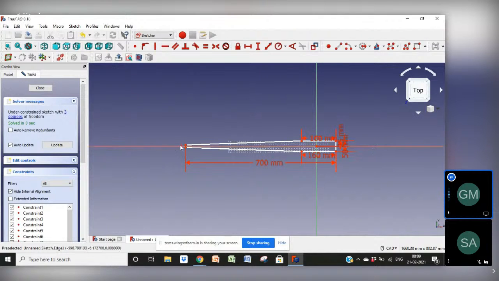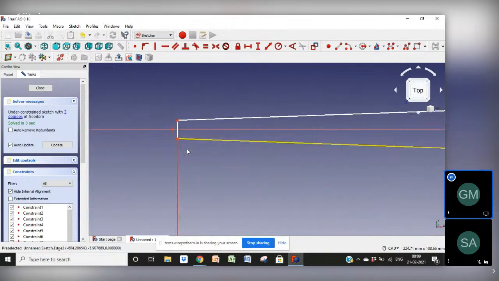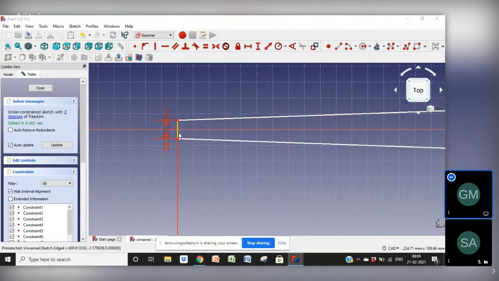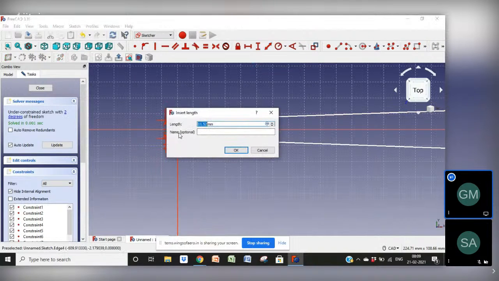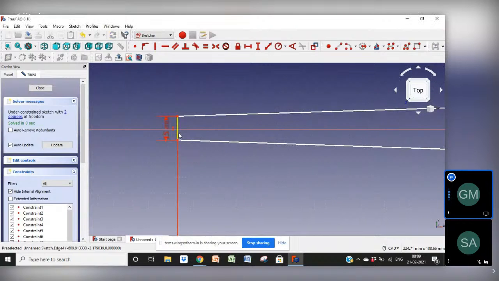Okay, this is fine. This back dimension I showed, I think I mentioned it as 15 mm. That was 1.5 centimeters.